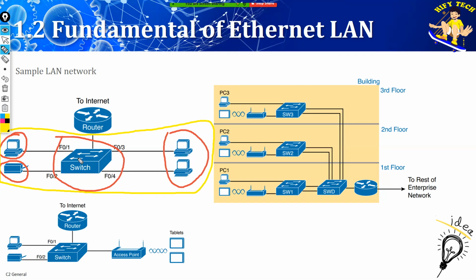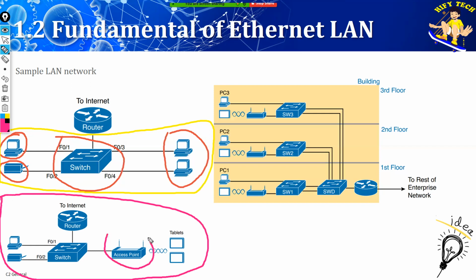So in the first diagram, there is one switch, and the PCs are directly connected to it. And there is another example for the local area network. Here we have an access point. Access point is like Wi-Fi, and through Wi-Fi we are connected. So it's still, as we saw in our OSI layer model, physical layer. Wi-Fi is a physical layer as well. So through Wi-Fi we are connected to the access point, which is connected to the switch.